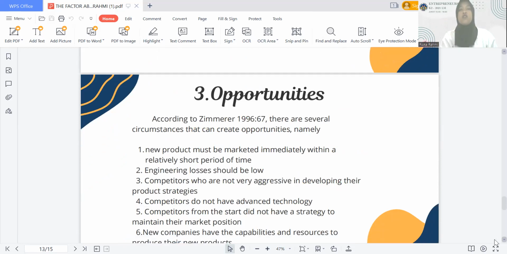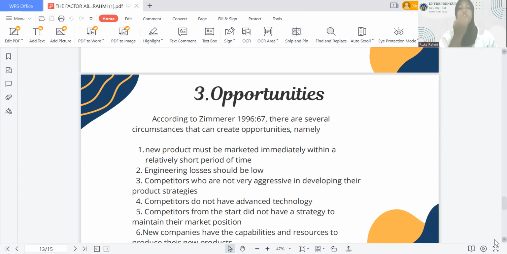According to Zimmerer, there are several circumstances that can create opportunities, namely, number one is new products must be marketed immediately within a relatively short period of time. And the next is competitors who are not very aggressive in developing their product strategies.